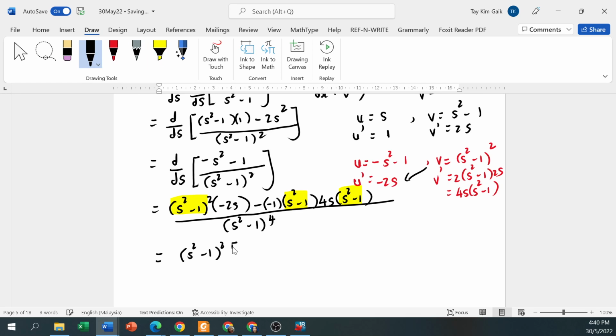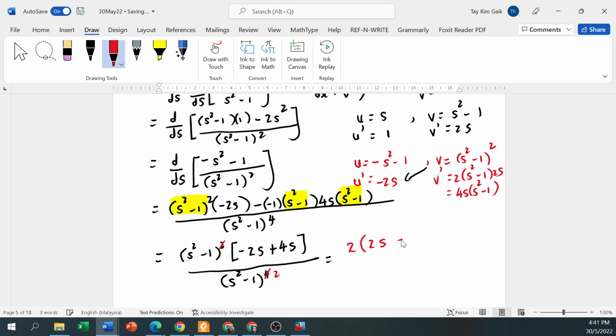Hopefully got negative 2s. Negative, negative, this is plus, so plus 4s, divide by s squared minus 1 power 4. So factor out 2, so 2s minus 4s. Okay, I'm not sure it's correct.